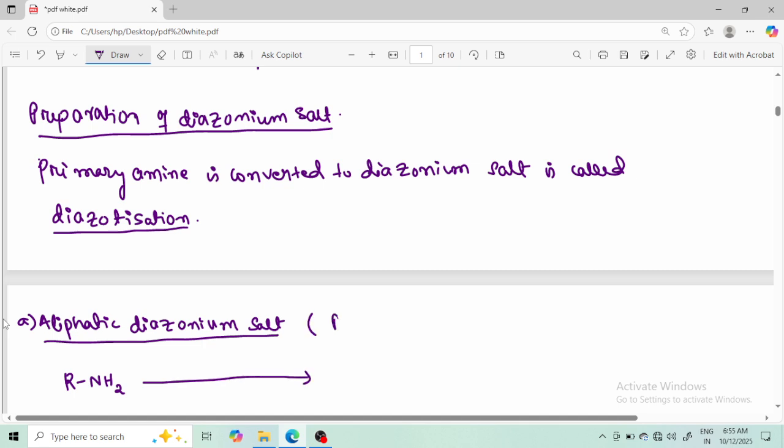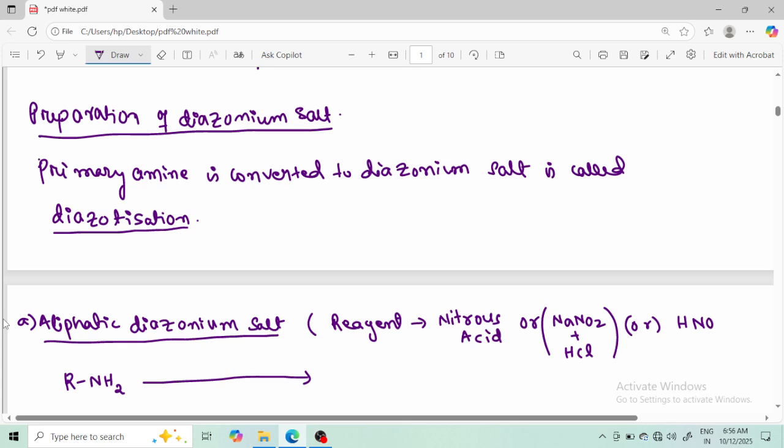So always remember, in this case the reagent is nitrous acid, we already did this, and its formula is NaNO2 plus HCl. This is one way, or in its place we can just write HNO2, right? So let's say I'm using the reagent HNO2.